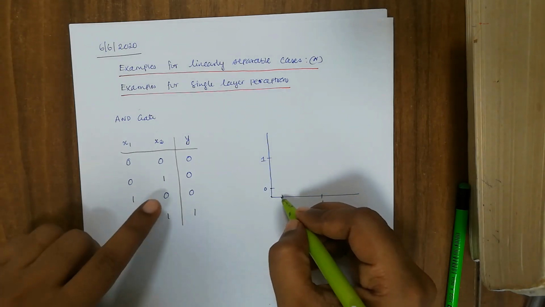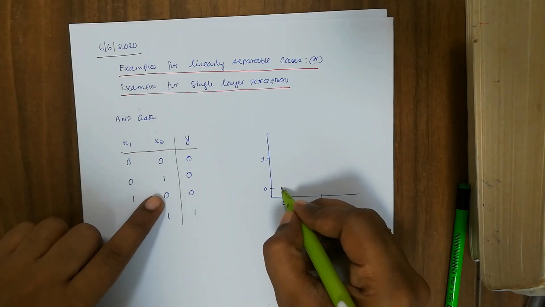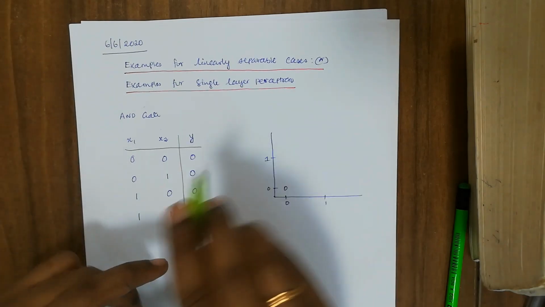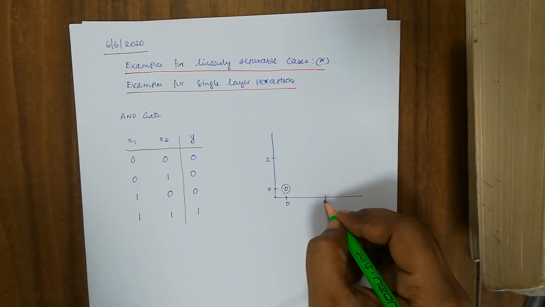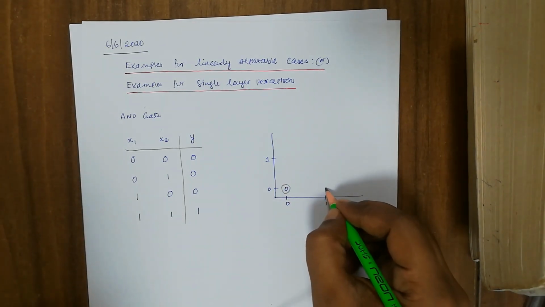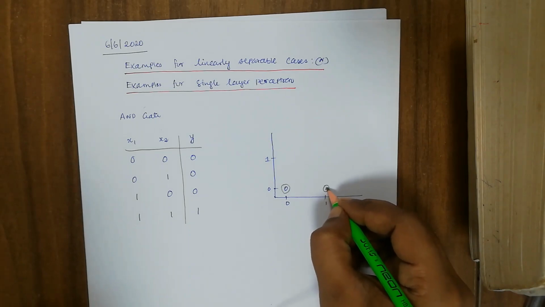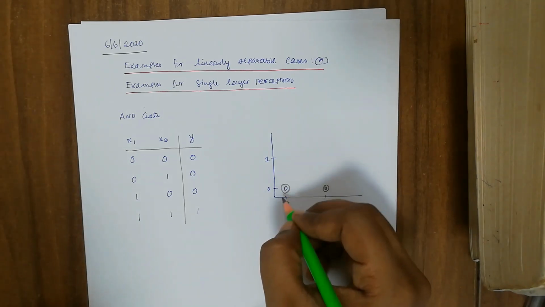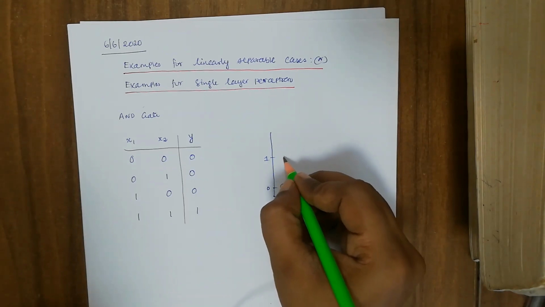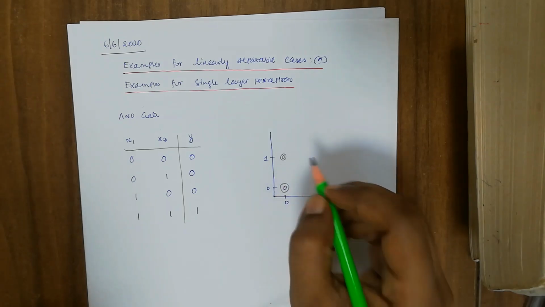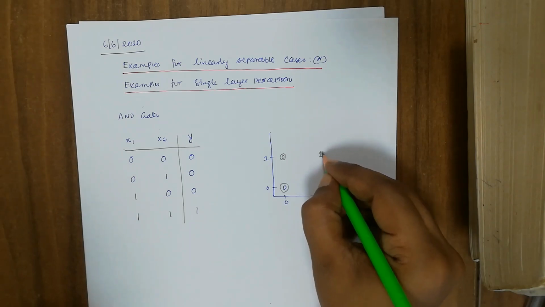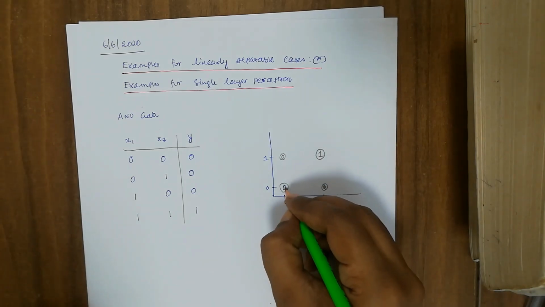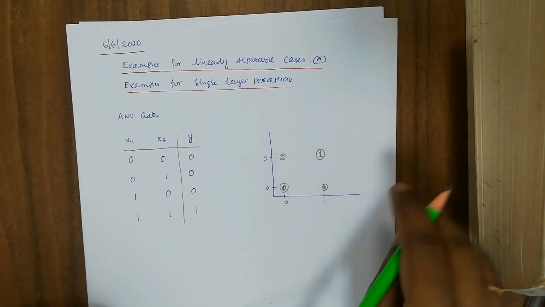For the input 0, 0, the value is 0. Then for 0, 1, it goes as 0, and for 1, 0, again it goes 0. If both values are 1, then it goes as 1. All other places have the value 0.